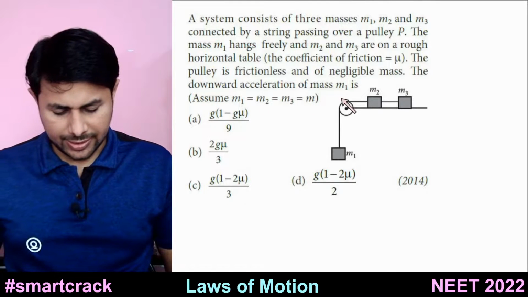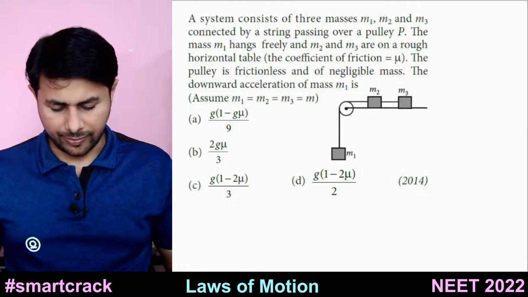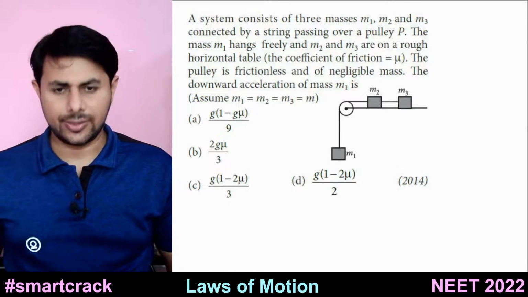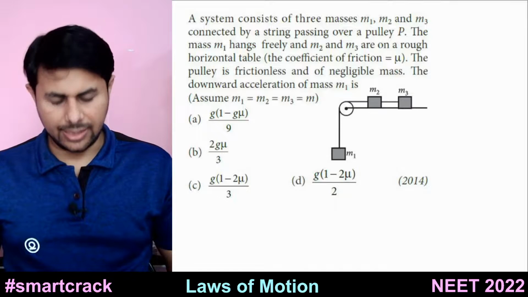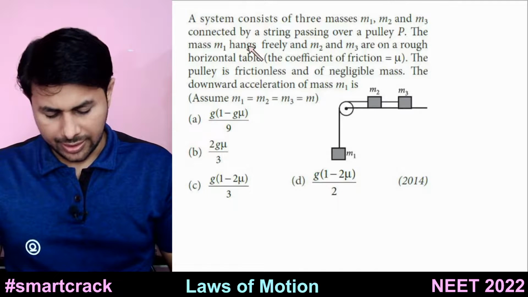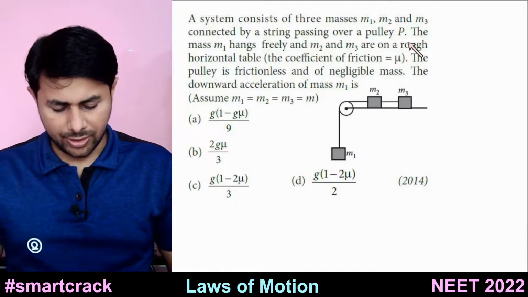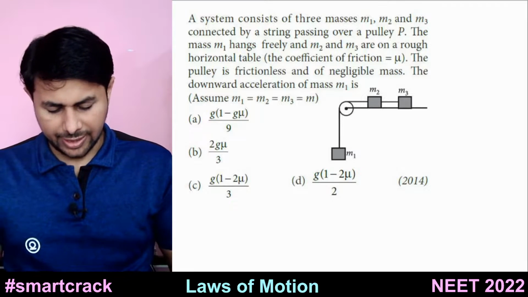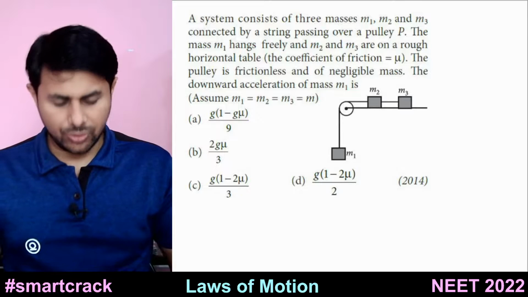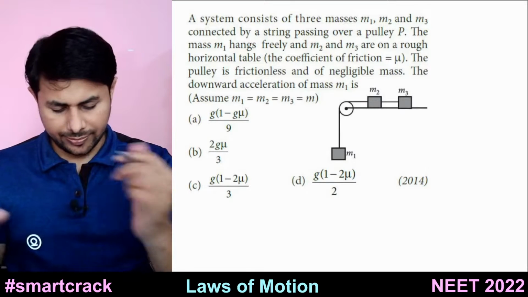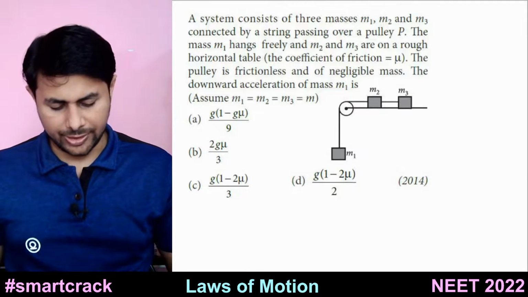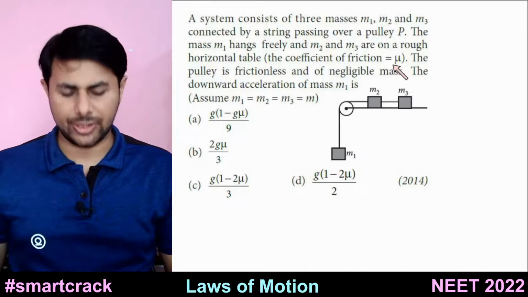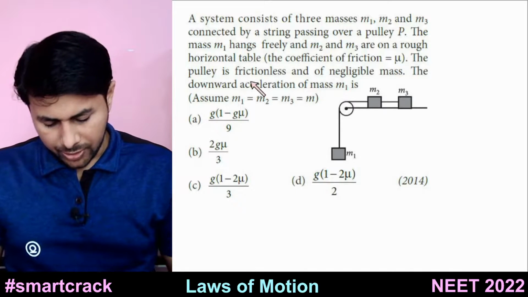The downward acceleration of mass m1 is, okay, so there are three masses connected by a string passing over a pulley P, and m1 hangs freely, m2 and m3 are on a rough surface, its coefficient of static friction is mu. The pulley is frictionless.